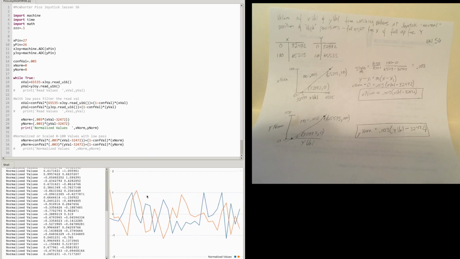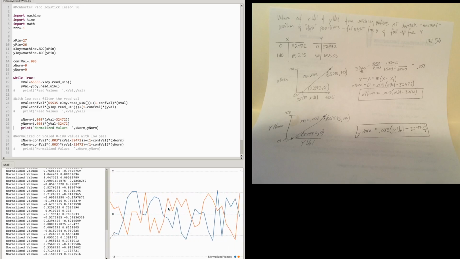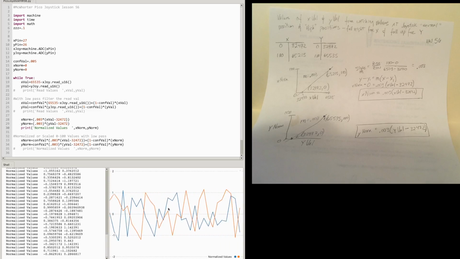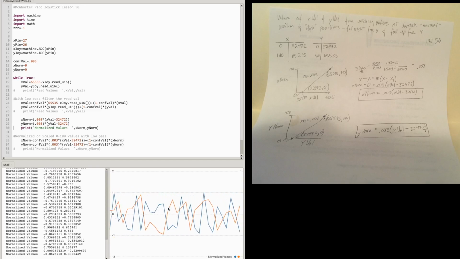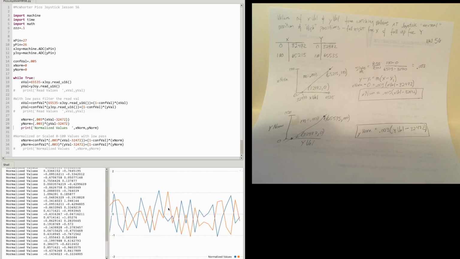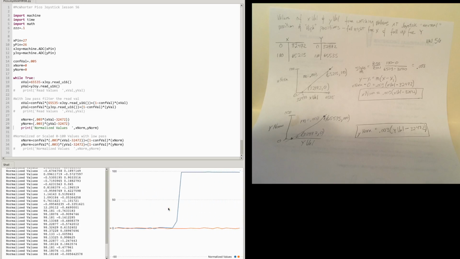Well, cool. I can see at least the scale has changed, but we're still getting a hell of a lot of bounce on that. And just to show that this is what the homework asks, I'm going to go max X, and you can see it's not quite at 100, but we're in the ballpark.